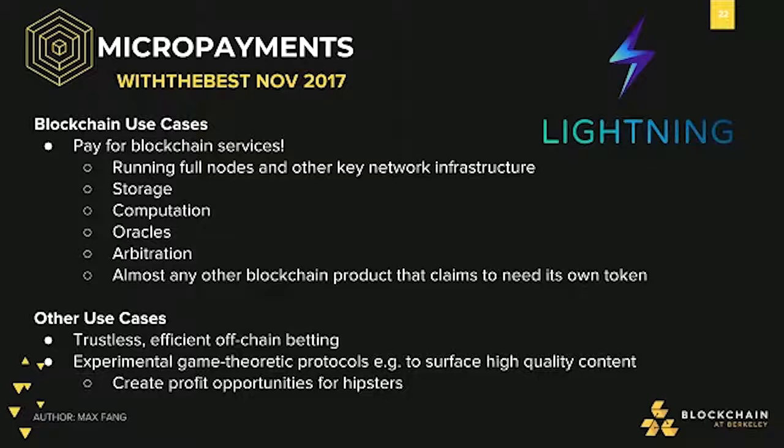So what if you could just use Lightning or the off-chain version of Ethereum to directly pay for these services and not deal with a token that expends this on-chain blockchain cost? So Lightning is kind of a counter example for a lot of these blockchain projects that claim they need tokens, because most of them really don't.